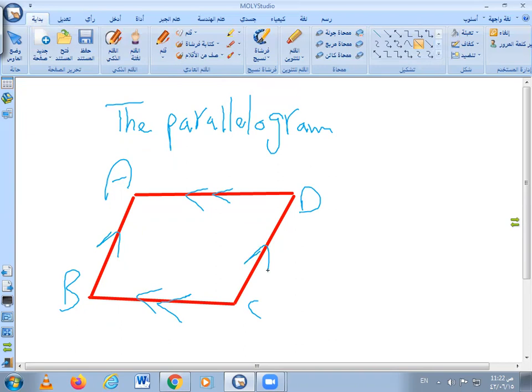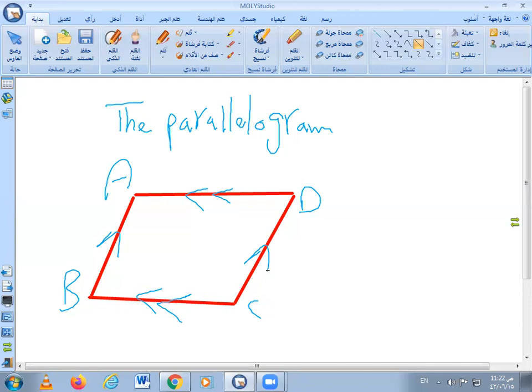This shape is called a parallelogram. What is the definition of the parallelogram? It's a quadrilateral in which each two opposite sides are parallel. We have 4 properties for the parallelogram.